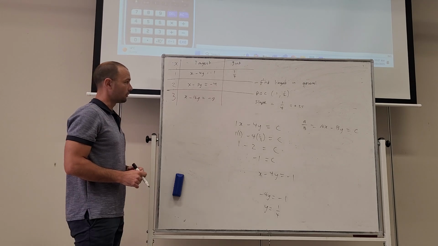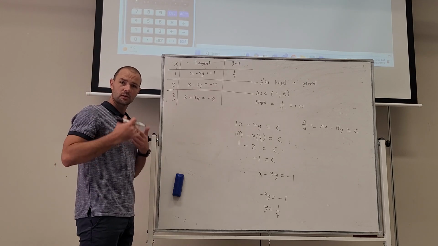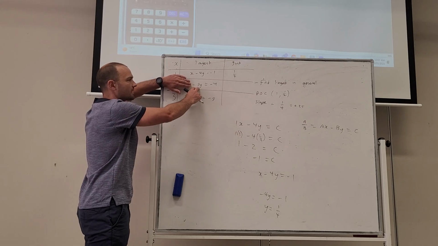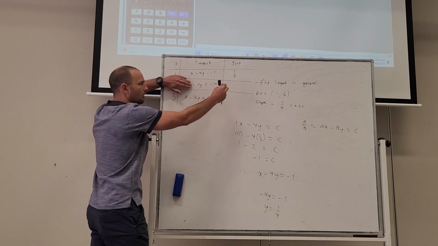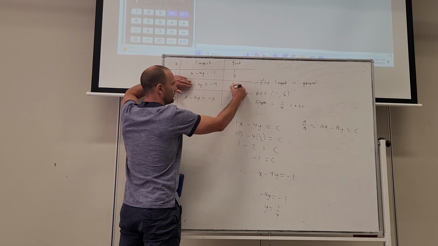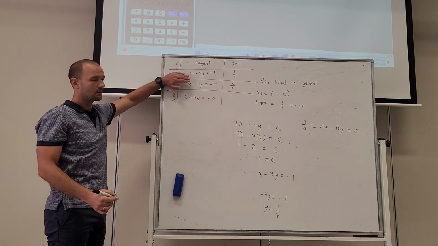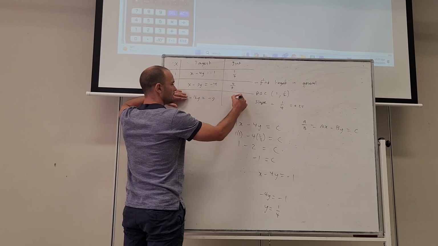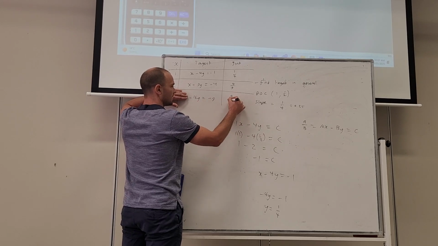Alright, so we know the y-intercept occurs when x is 0. If we put 0 into this equation, we have -9y equals -4, which means the y-intercept is 4 on 9. Here, the y-intercept is going to be 9 on 16.